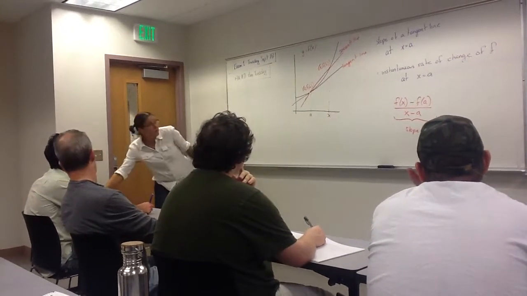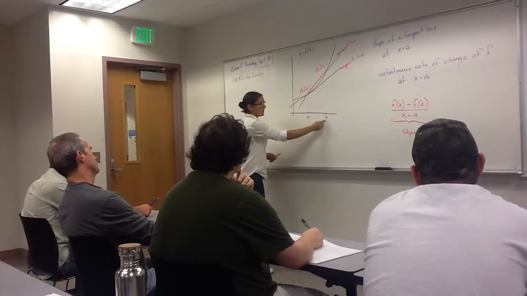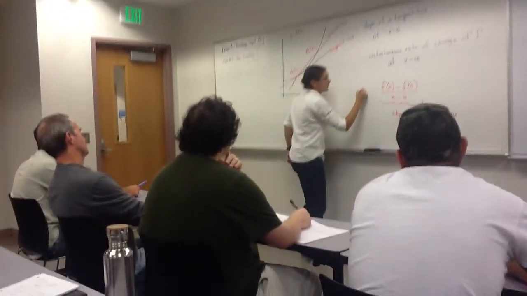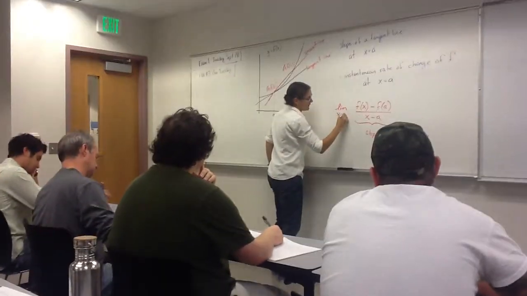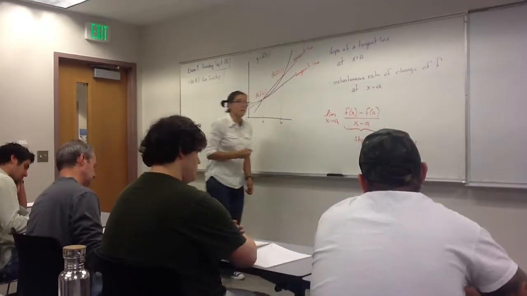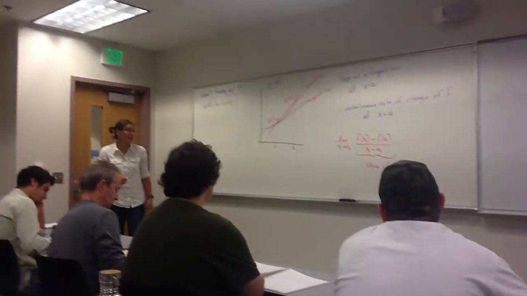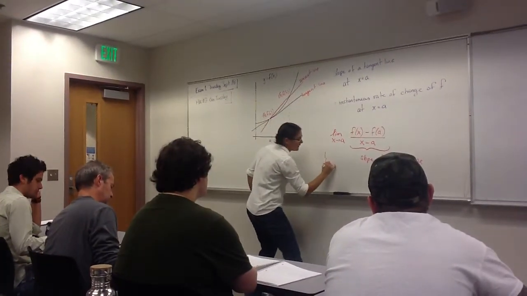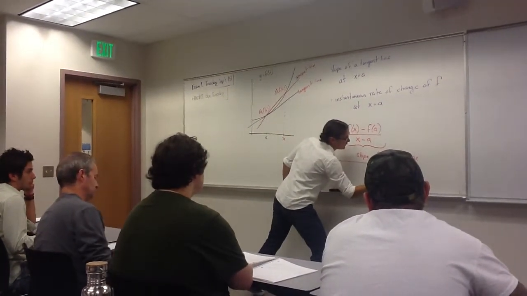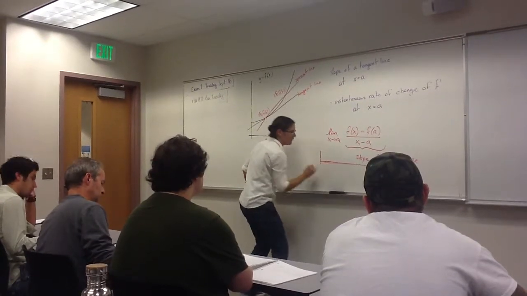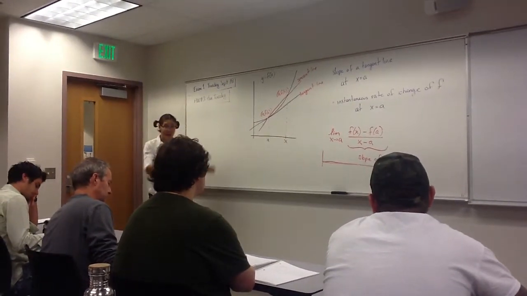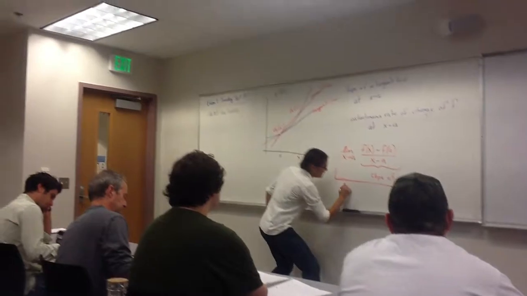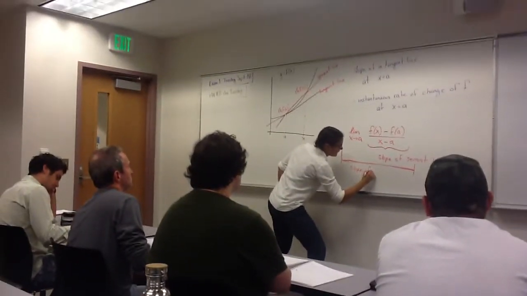So what we're really doing is allowing x to approach a, and we're taking the limit as x approaches a of the slope of our secant line. When I include the limit symbol along with the slope of our secant line, that whole expression is our slope of the tangent line.